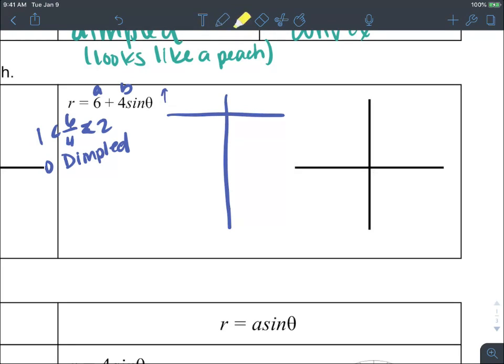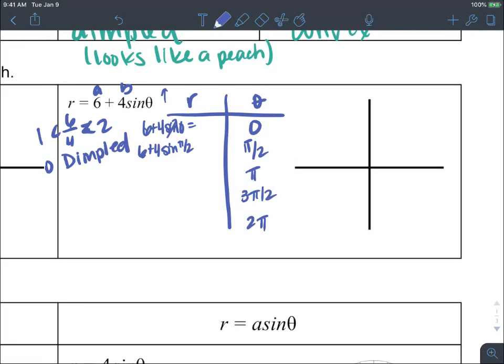So for r and theta, theta is 0, pi over 2, pi, 3 pi over 2, and 2 pi. So 6 plus 4 sine 0, 6 plus 4 sine pi over 2. At sine 0, that would be 0, so this is just 6.